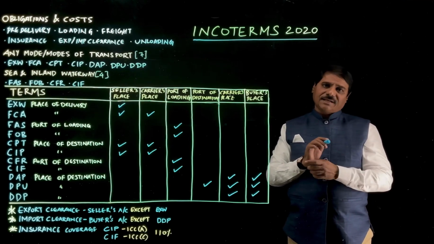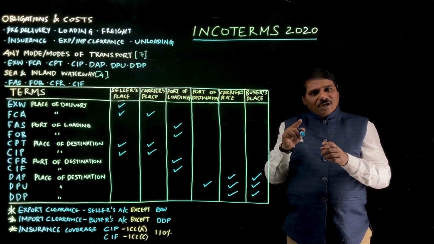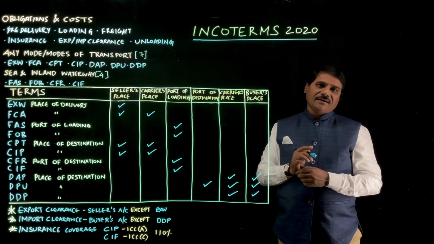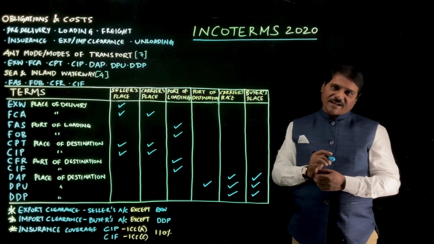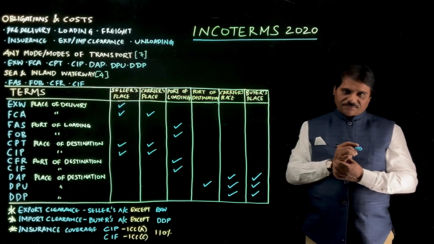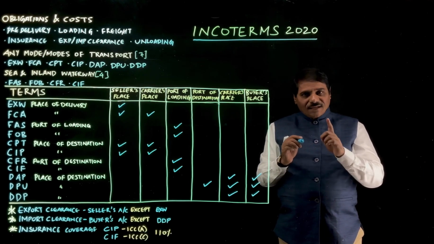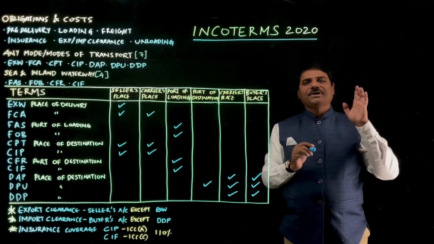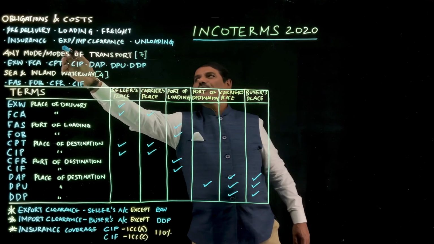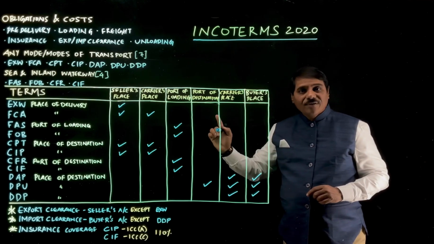In case of ex works, delivery at his place, loading has to be completed by the buyer. Whereas in case of FCA, delivery at the seller's warehouse, the seller must load the goods onto the truck. And the seller must clear the goods for exportation. So this export clearance must be completed by the seller in case of FCA.